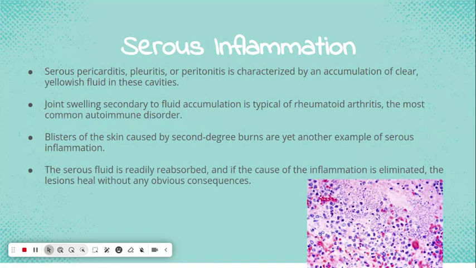Blisters of the skin caused by second-degree burns are another example. The serous fluid is readily reabsorbable, and if the cause of inflammation is eliminated, the lesions will heal without any obvious consequences.